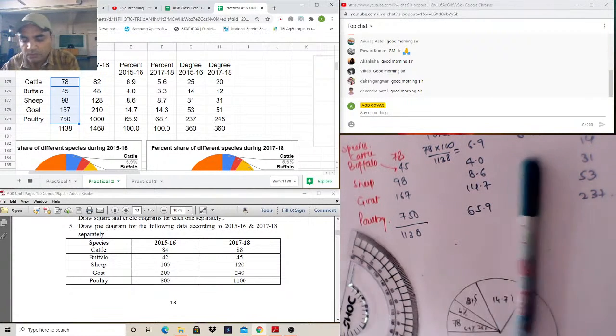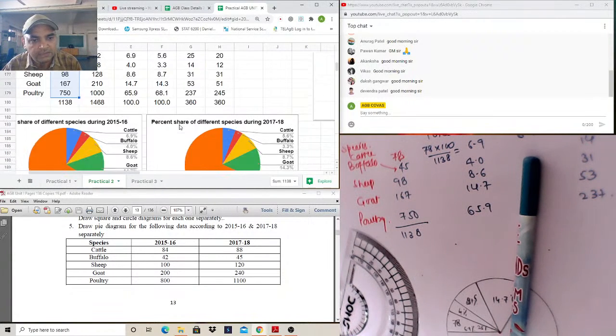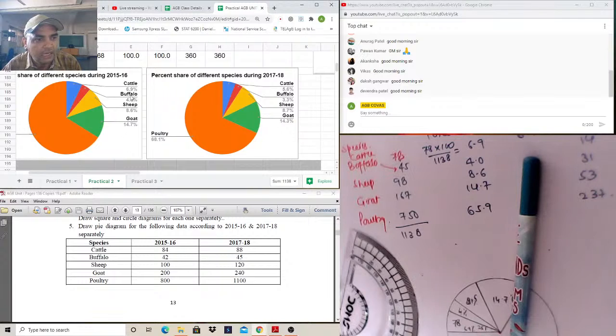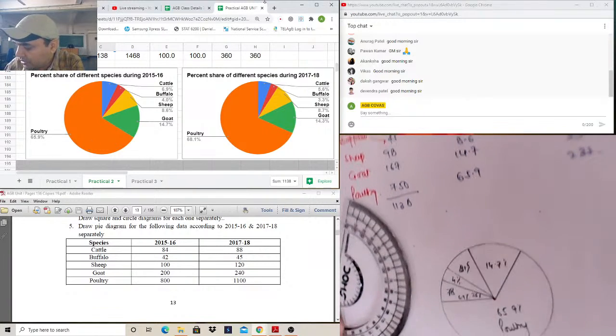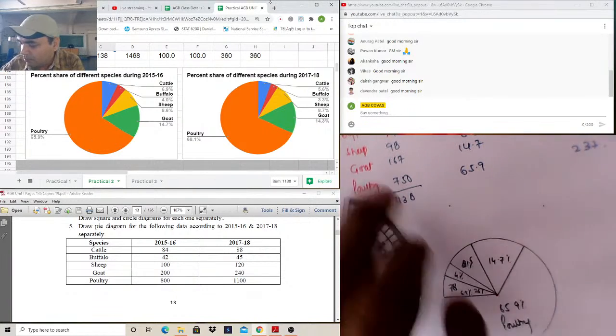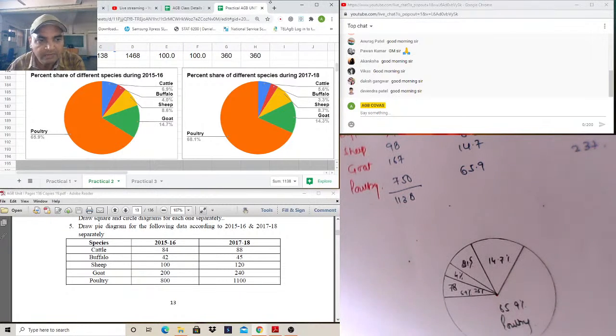Then you have to make the legends so that things will be clear: how much cattle there are, how much buffalo, sheep, goat, and poultry. Accordingly, you make legends and mark them, so that it is well understood from the pie diagram itself what the percentage of each type of animal is. So this completes your second diagrammatic presentation, the second exercise.